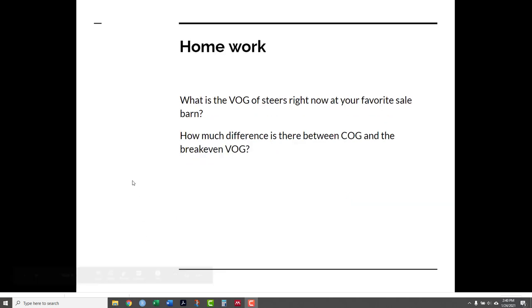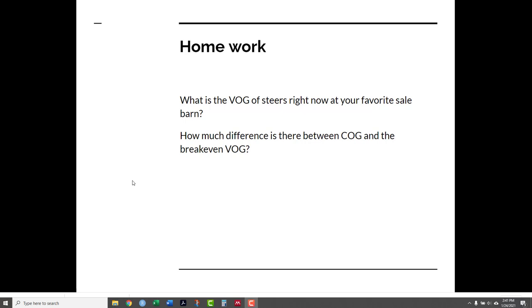So here's a couple of homework things you should do. Go look at what's the value of gain of steers right now at your favorite sale barn. You could pick a sale barn that you can get a market report for. You can look at the market report for OKC West and El Reno that we publish for you for your project. You could look on there and see what's the price of 500-pound steers, and then look down and see what's the price of 800-pound steers.